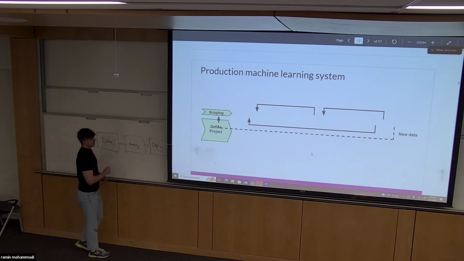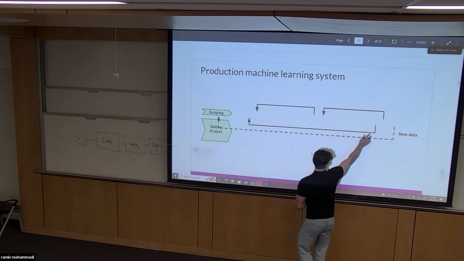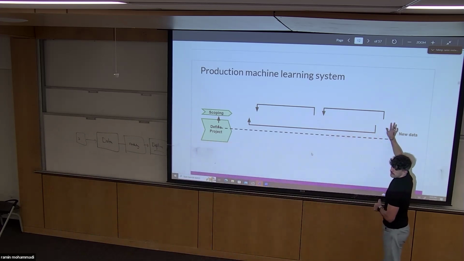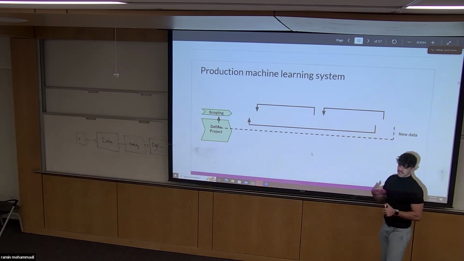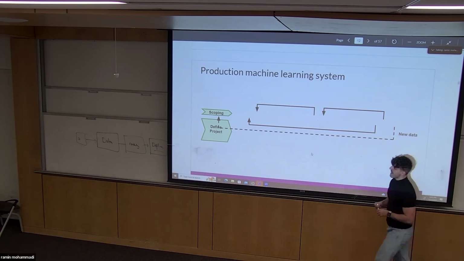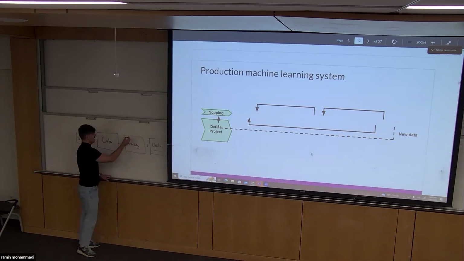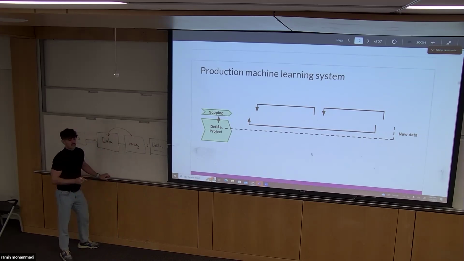These are all connecting, but as you go to deployment, there are a couple of scenarios. That's why we're saying that these are all kind of a loop. You could be in modeling, figure out something doesn't work, and go back to your data.